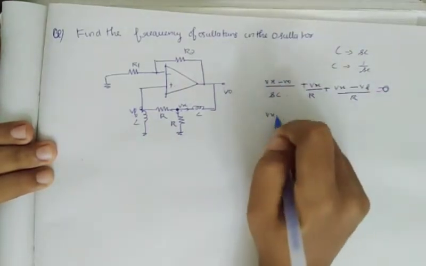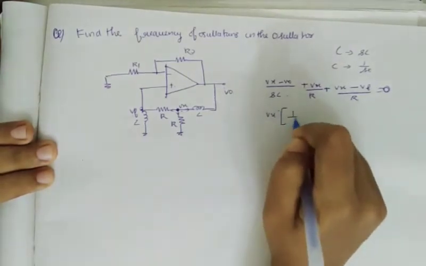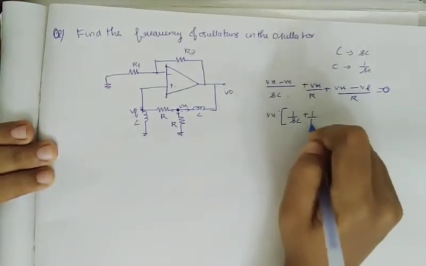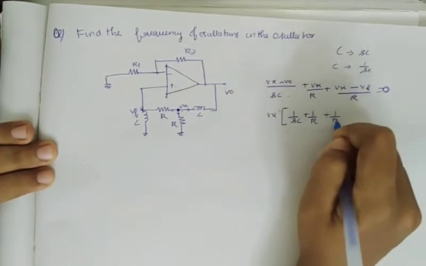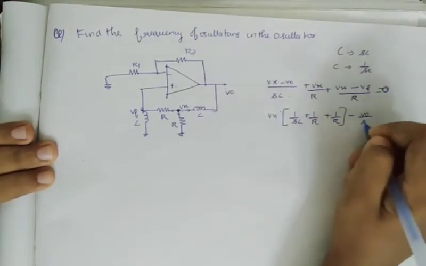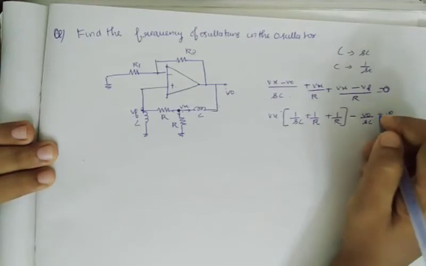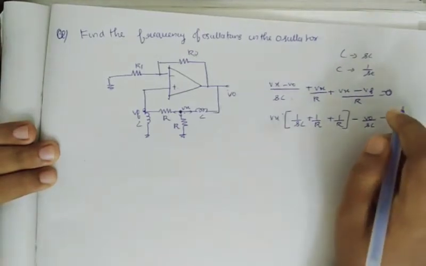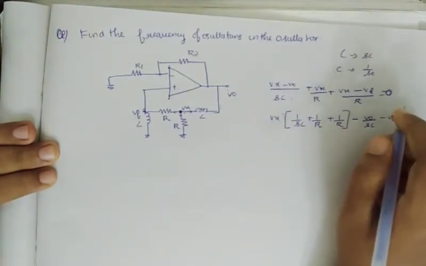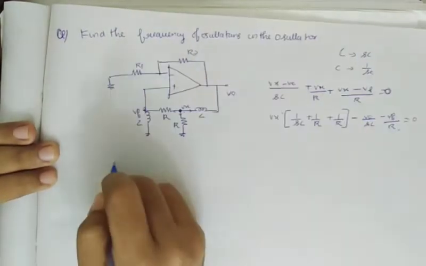I'll take Vx outside. I'll get 1 divided by SL plus 1 divided by R plus 1 divided by R, minus V0 divided by SL minus Vf divided by R, which is equal to 0.